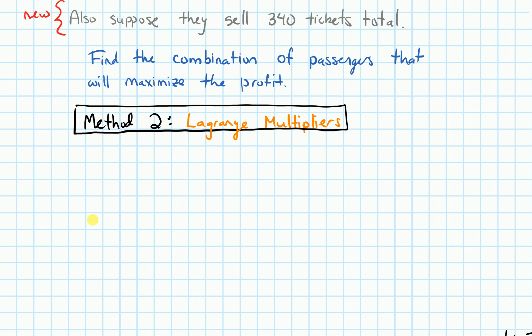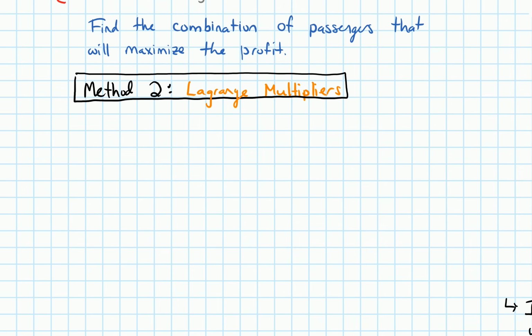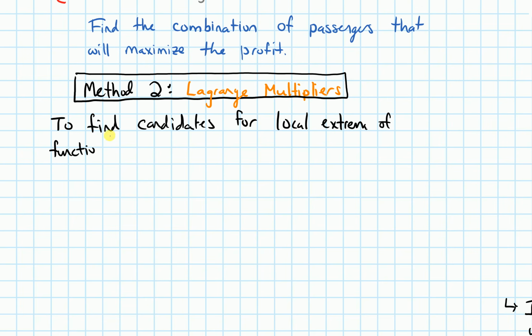So with Lagrange multipliers, what we're going to be doing is we're going to try to find candidates for local extrema of a multivariable function, which I'll write as f of x comma y comma, and maybe there's more variables, so I'll just put comma dot dot dot if there's more, but subject to some constraint.